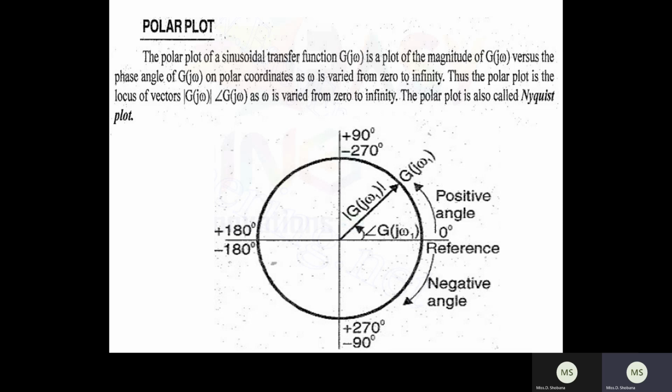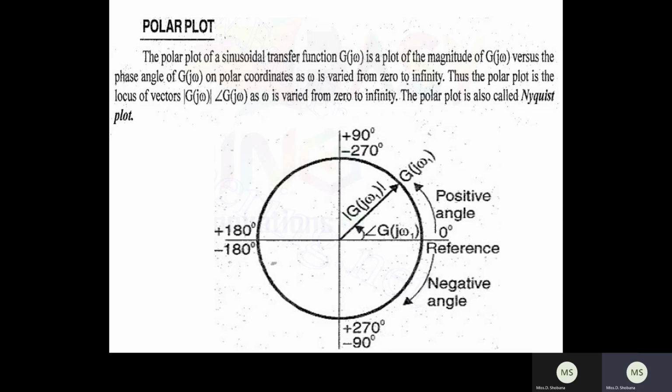Okay, so the polar plot is also called a Nyquist plot if it is drawn in rectangular coordinates. If the plot is drawn in polar coordinates, it is called a polar plot. If the plot is drawn in rectangular coordinates, then it is called a Nyquist plot. That's all. So here you will have a polar plot like this. It is a circle.